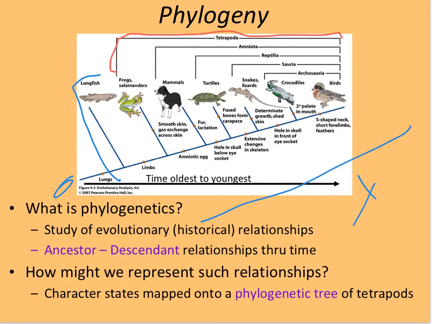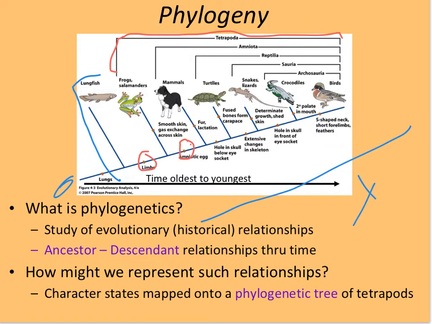And so here's where limbs first evolved. Now, the amniotic egg is only shared among reptiles, mammals, crocodiles, and birds. Okay? Not the amphibians.